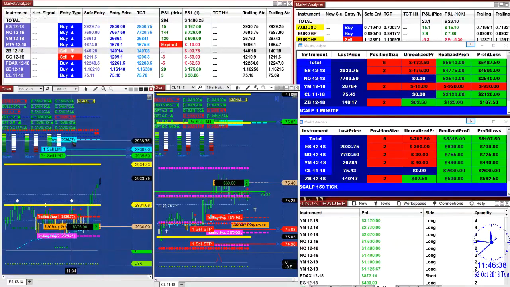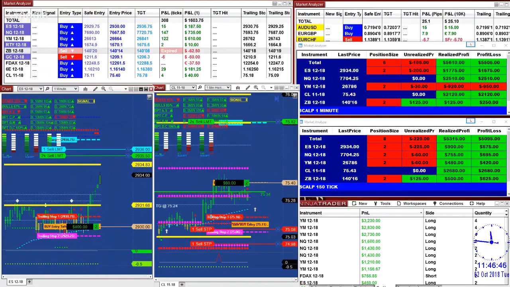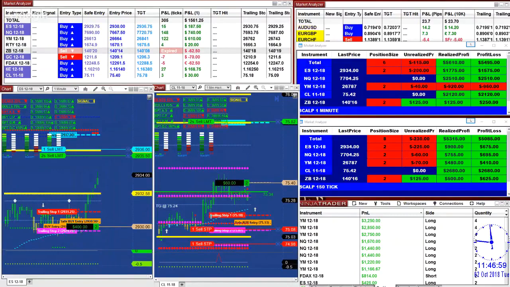I know the target is 36.75. That's the auto trade, but technically the market will reverse at 35.50. So close position at 35.50, open short position at 35.50. Let's look at it.